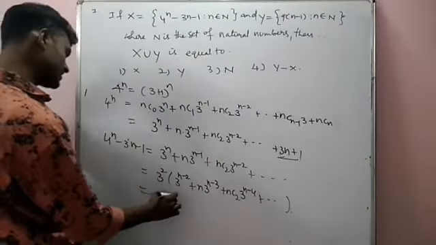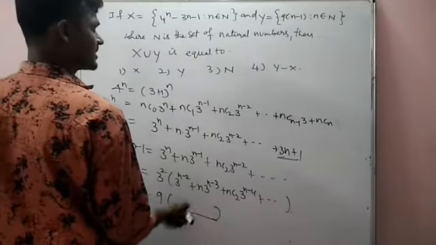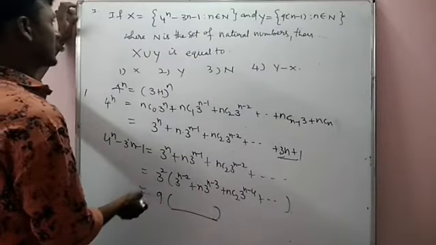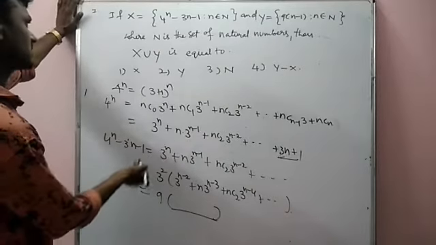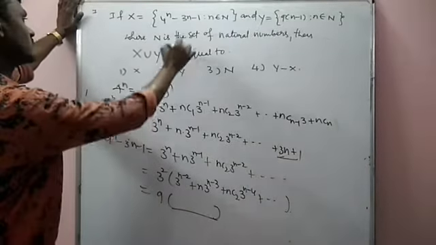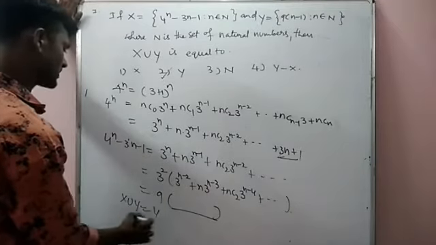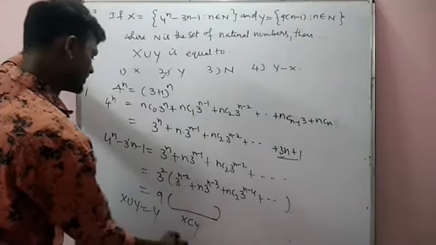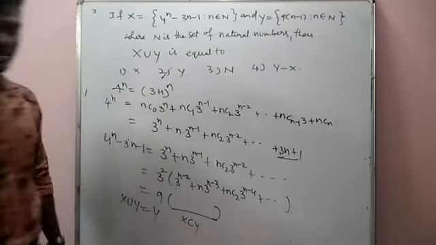Then this is 9 times something, a multiple of 9. Then X is a subset of Y. Since X is a subset of Y, the union X union Y is equal to Y. My answer is the second option.